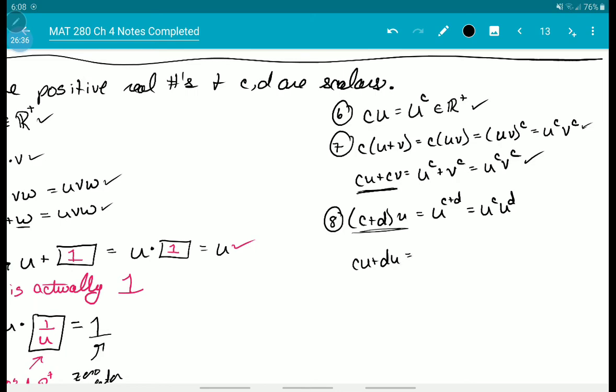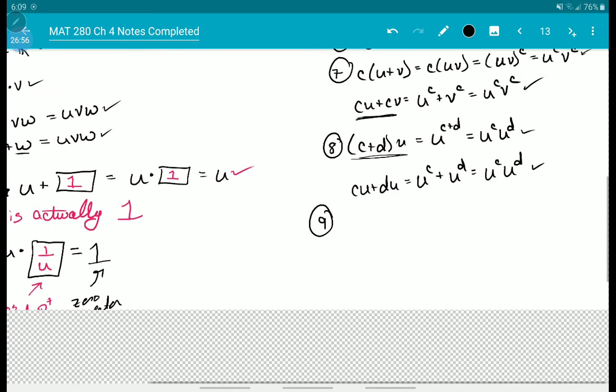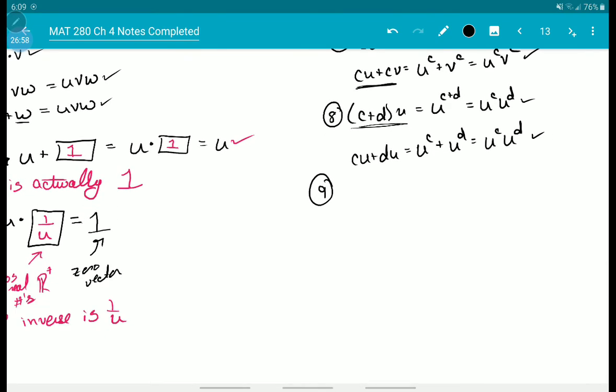So let's work it out. Well, cu is u to the c, du is u to the d, and addition is really multiplication. So that checks out. So axiom 8's good. So far, everything seems to be working out. Isn't this kind of cool how we can change those addition and scalar multiplication definitions and have something that completely works out? So let's look at 9.